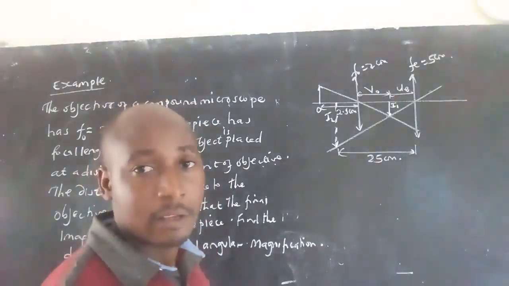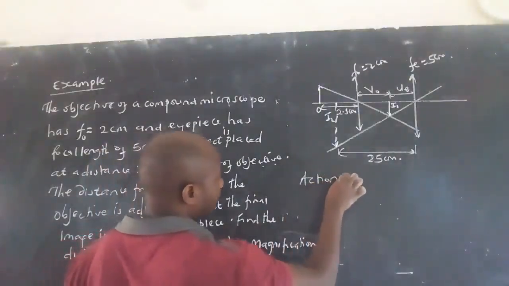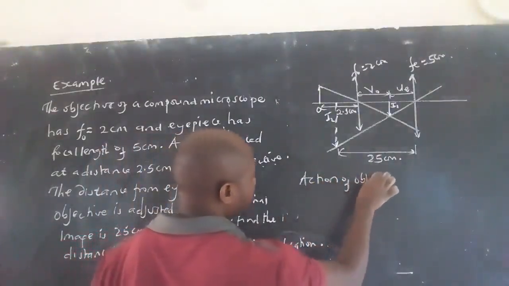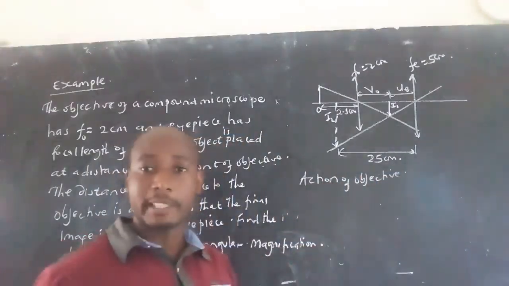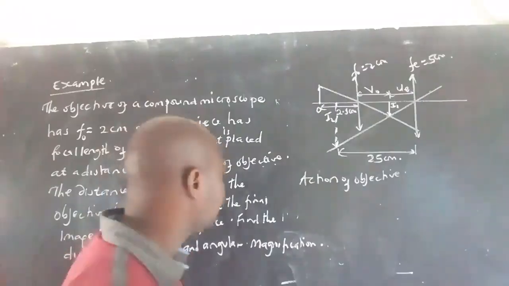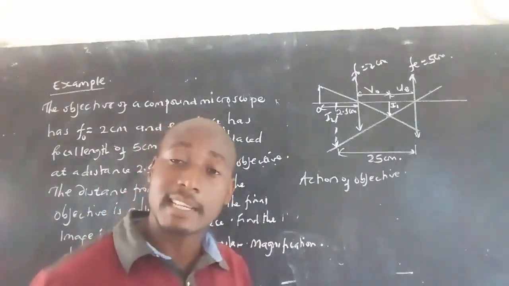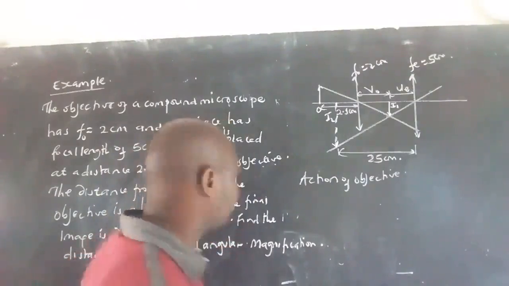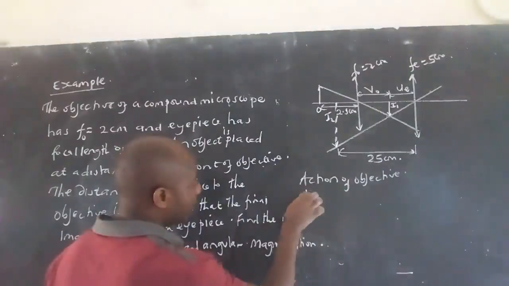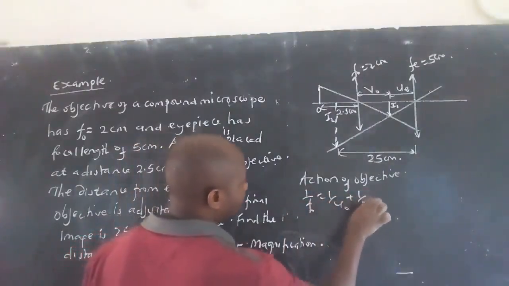So what shall we do? We first consider the action of the objective. This one is similar to those questions which have separated lenses. So we shall now say that 1 over f equals 1 over u0 plus 1 over v0.